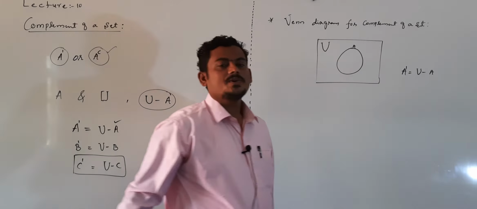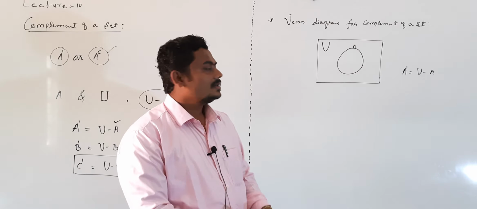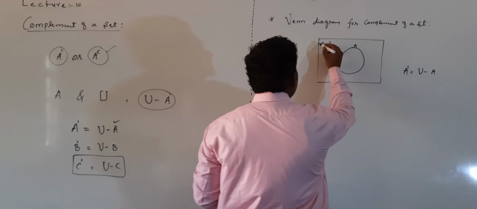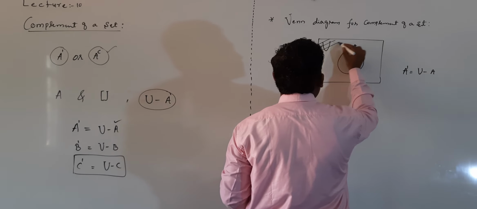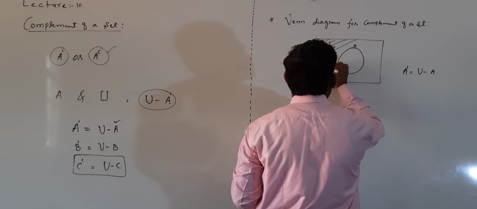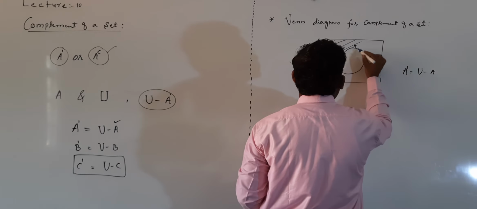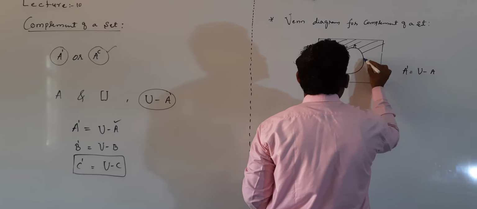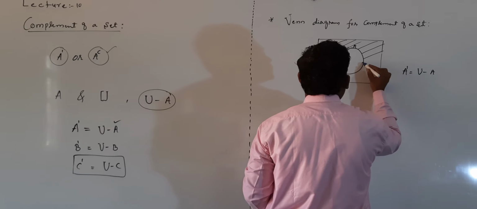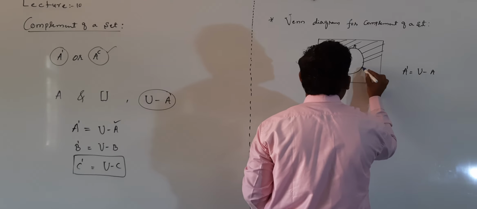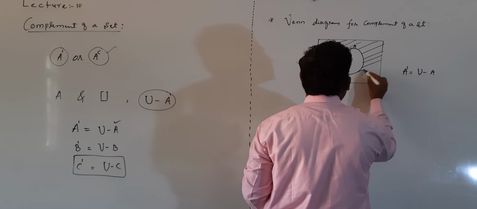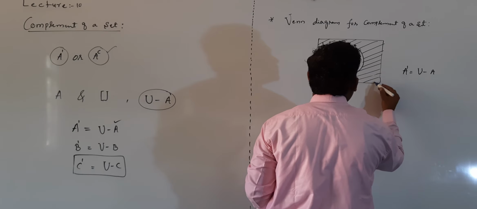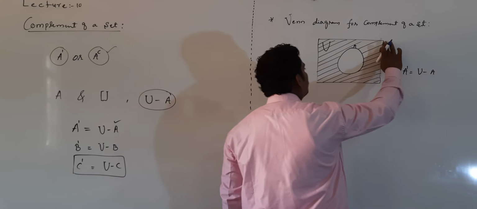Which region represents U minus A? U but not A. U minus A means U but not A. This region represents complement of A. This shaded region represents A complement.